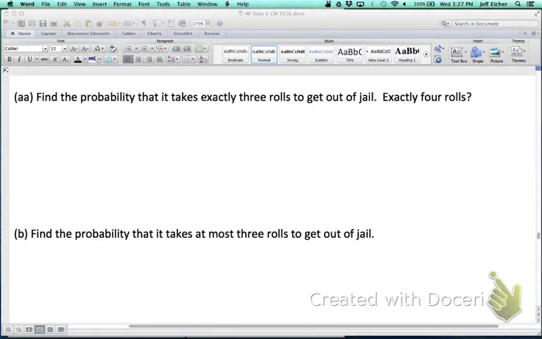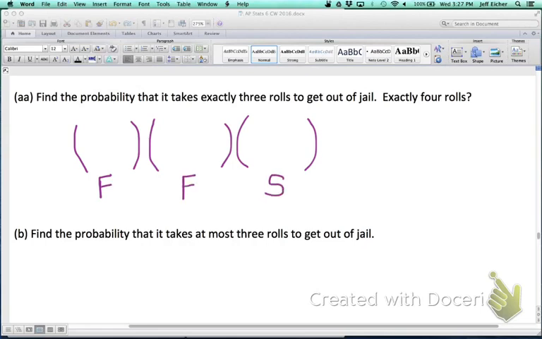So if you're going to roll 3 times, you're going to have 3 sets of parentheses, 1 for each roll. And if it's going to take exactly 3 rolls, that means you have to fail on the first one, fail on the second one, and then finally succeed on the third one.